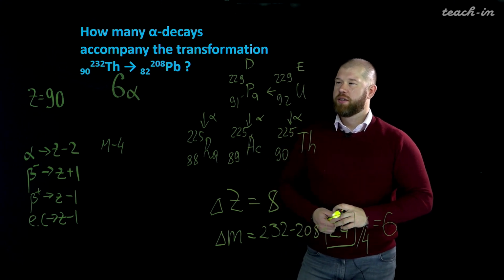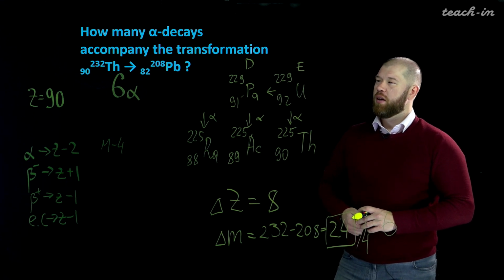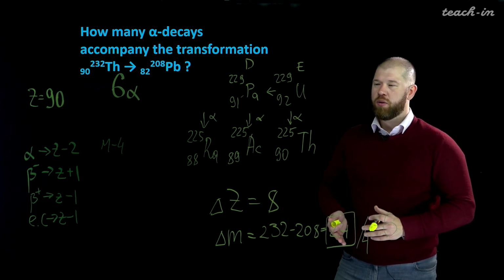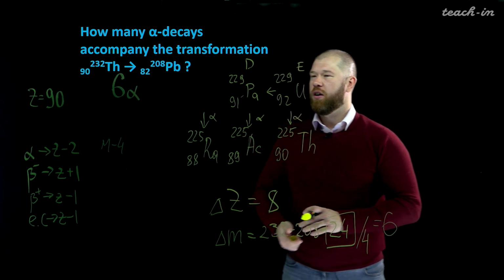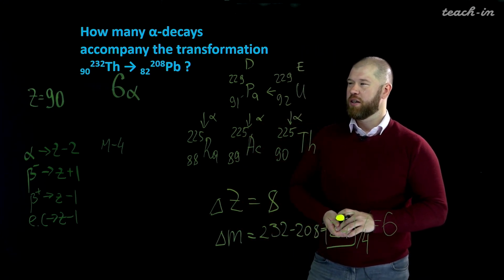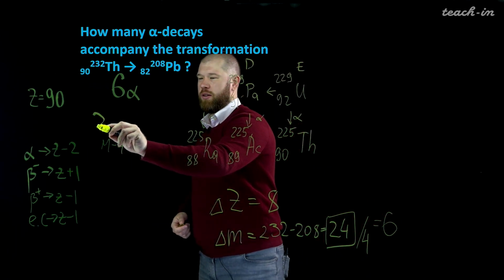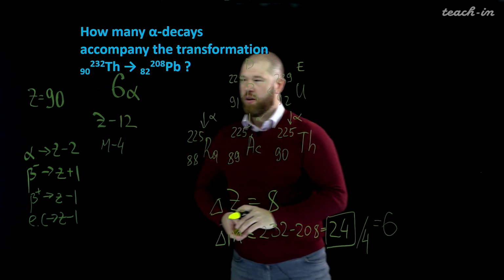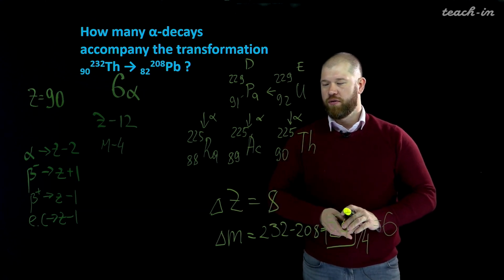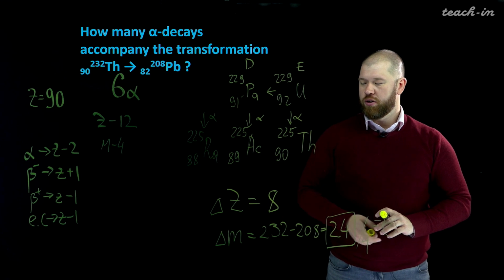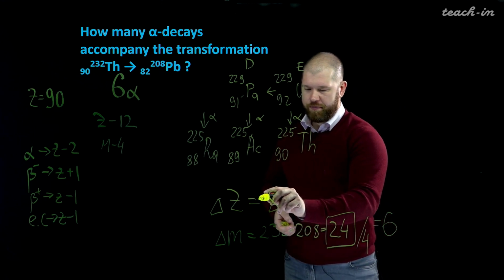And now let's calculate how many beta minus decays there were. Again, we know what the change in charge should be due to the 6 alpha decays. It should be 12. Yeah, it should be Z minus 12. But we see that the actual difference in charge is only 8, so minus 8.